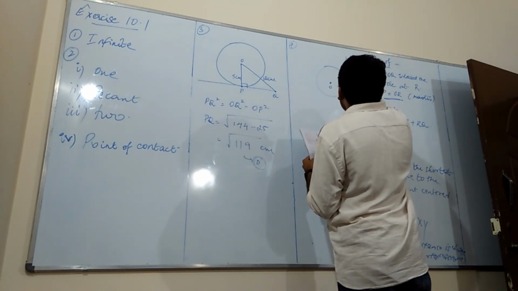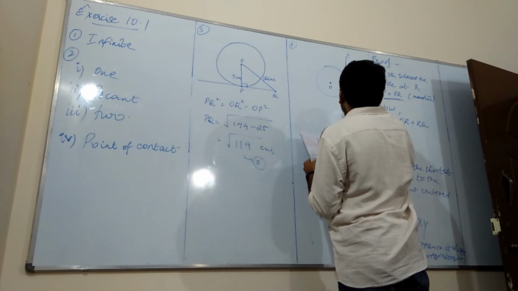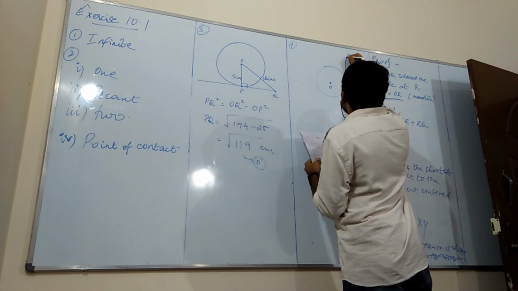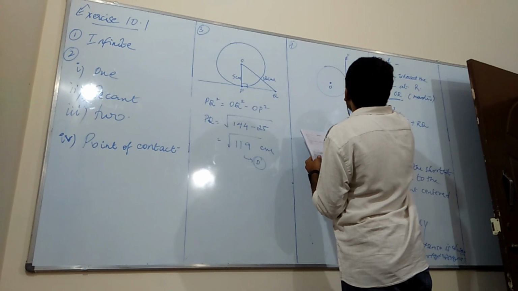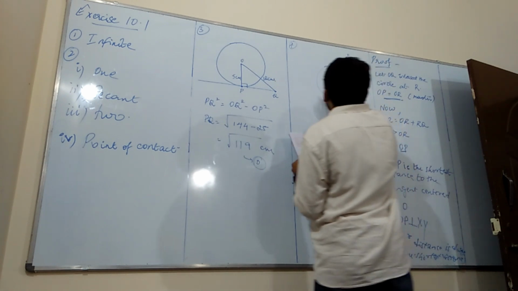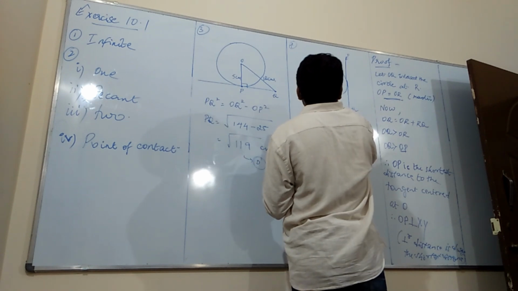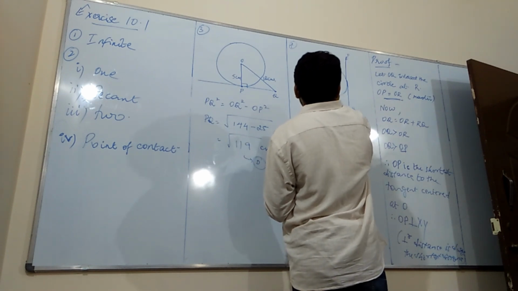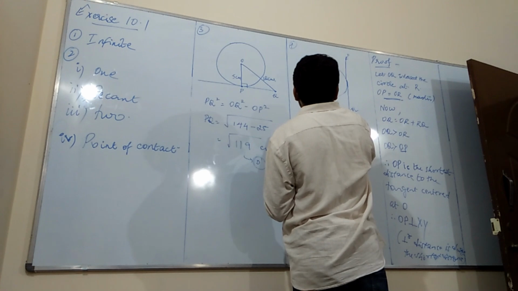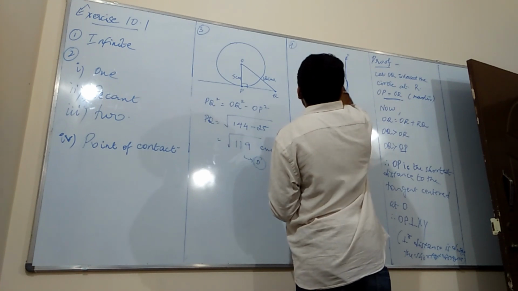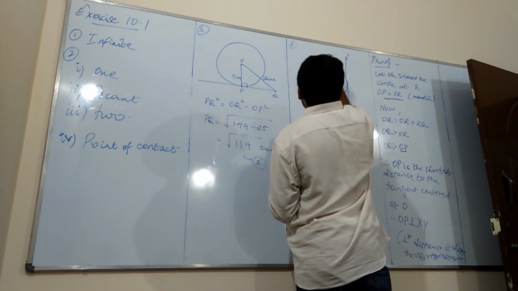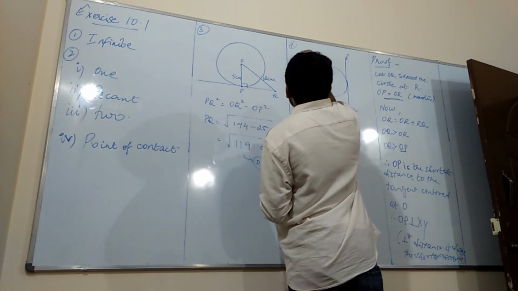This is a tangent PQ. Sorry, this is a secant XY. And this is one more line.